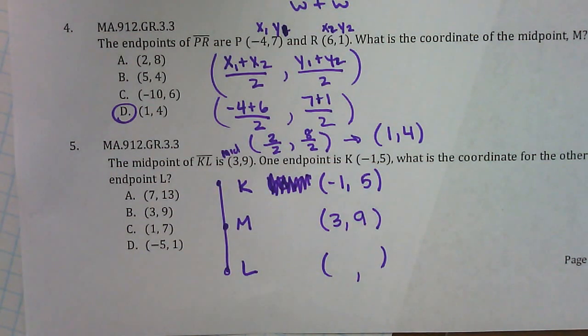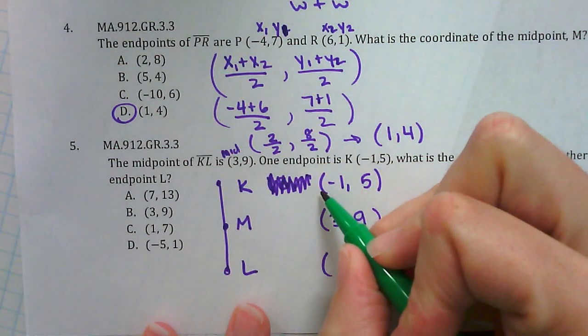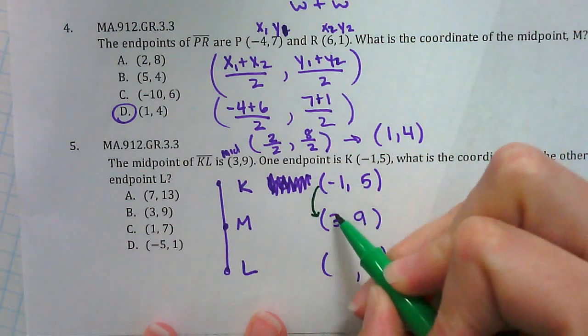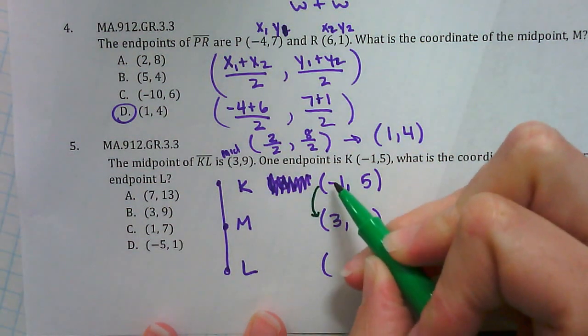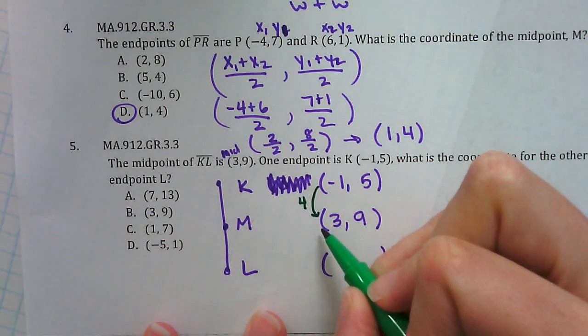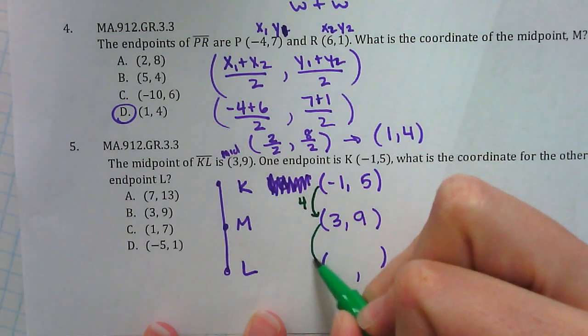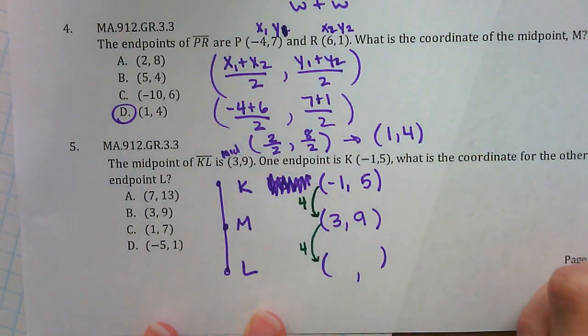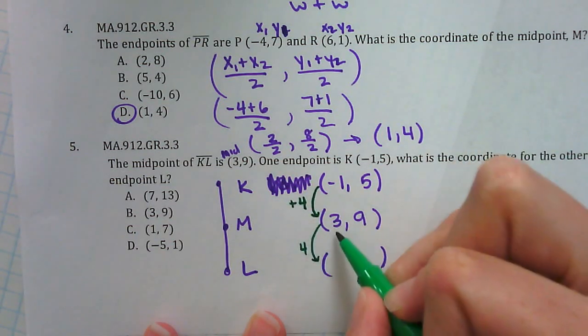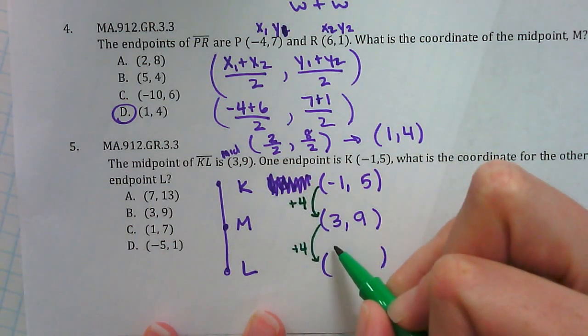So think about how we move. If this is one end of our segment and we move from negative 1 to 3, we're moving 4 spaces. If this is the middle, we'd have to move 4 spaces again. This is an increase, so I'm adding 4. So I'd want to add 4 again.